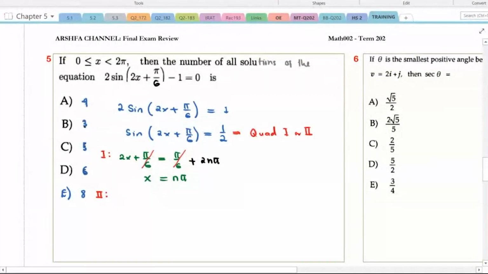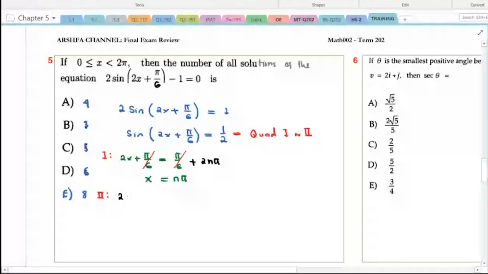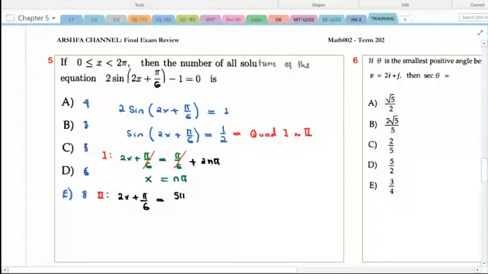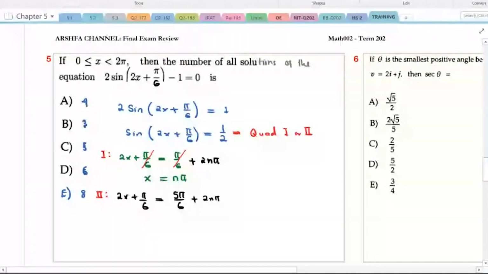Quadrant number 2. Sine in that case is going to be what? We're going to have 2x plus pi over 6, the argument again, equal to, in quadrant number 2, 5 pi over 6 plus 2n pi. Now let us simplify.